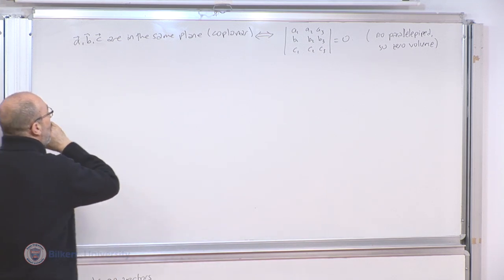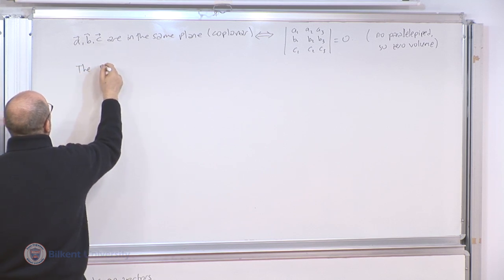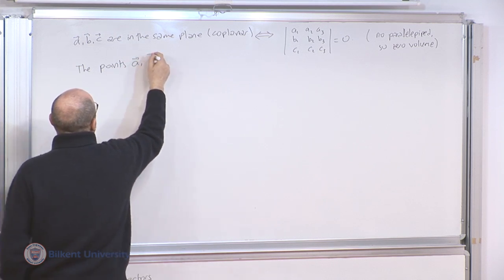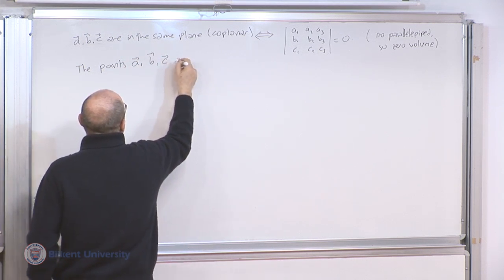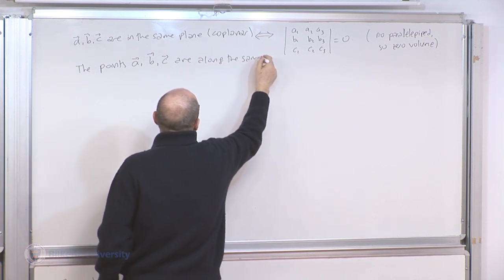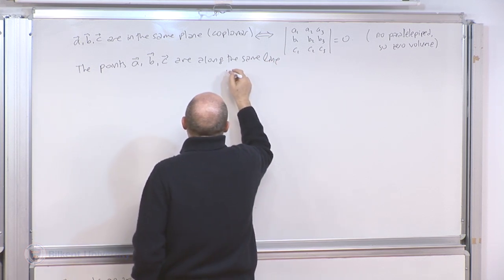Are they collinear? Now I look at these as points. Are A, B, C along the same line? Along the same line, we call this collinear.